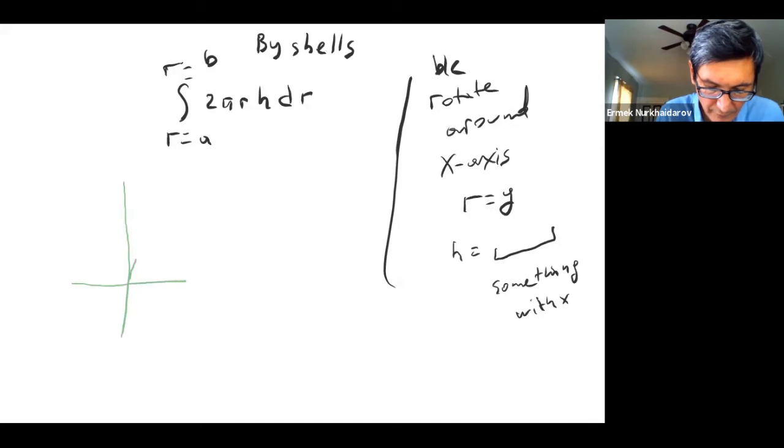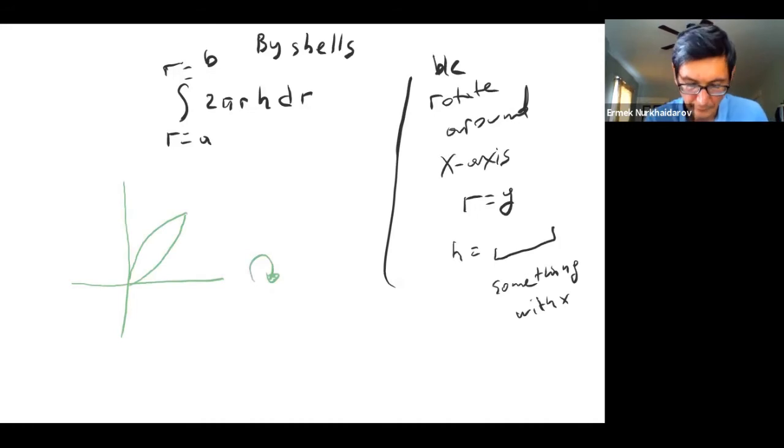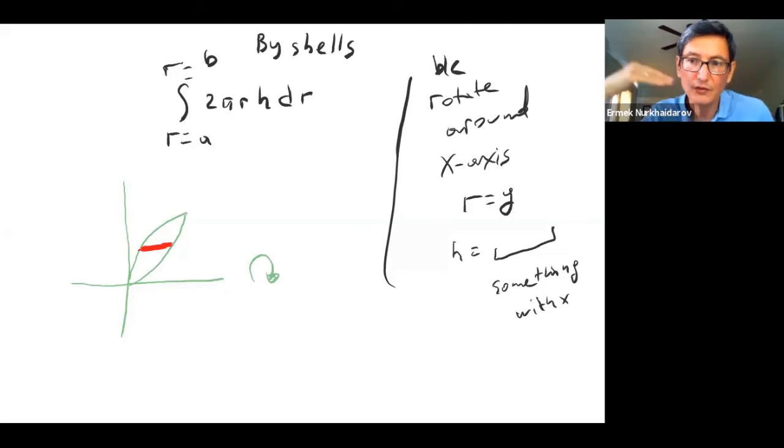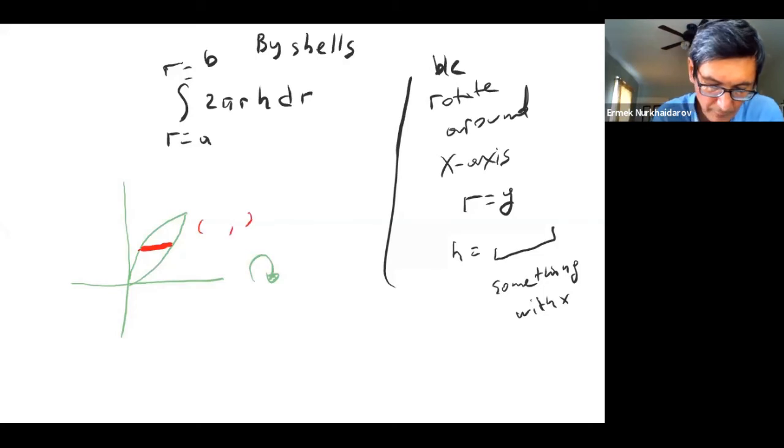Again, I draw the region, axis of rotation. Then I'm going to draw an interval parallel to the axis of rotation. And it's going to have two endpoints. Because we're staying at the same vertical distance from the x-axis, we're going to share the same y.